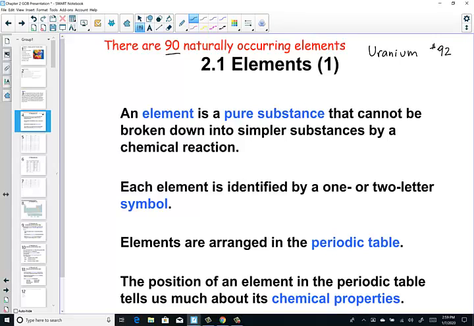So about 90 at this point. An element is a pure substance that cannot be broken down into simpler substances by a chemical reaction. We know that each element is identified by a 1 or 2 letter symbol. Each first letter must be capitalized.